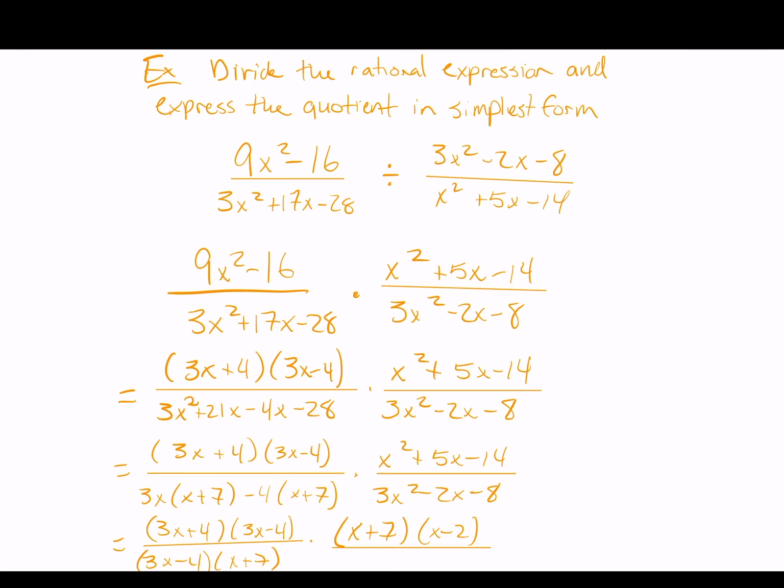Let's write those down: 1 and 24, 2 and 12, 3 and 8, 4 and 6. So a negative 6 and a positive 4 will get us that. So we get 3x squared minus 6x plus 4x minus 8.